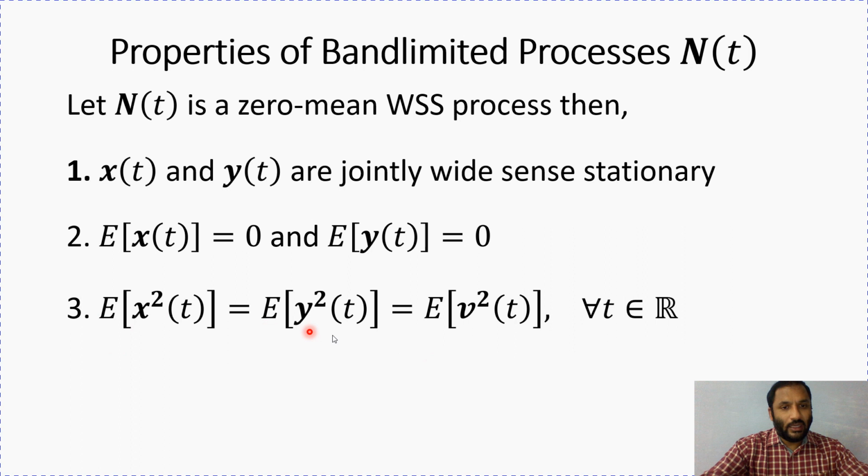That means for x, y, and n, the mean square of the random process is equal. In other words, the energy or the power of the random process for all three processes is the same.